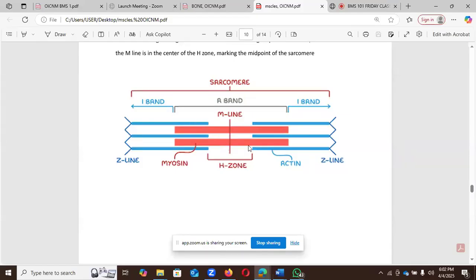You have the H zone, which has only the myosin filament, and the M line, which is the center of the sarcomere. So this is actin, this is myosin. This is the light band, this is the thick band.